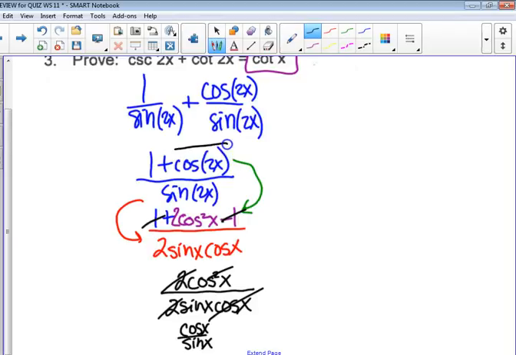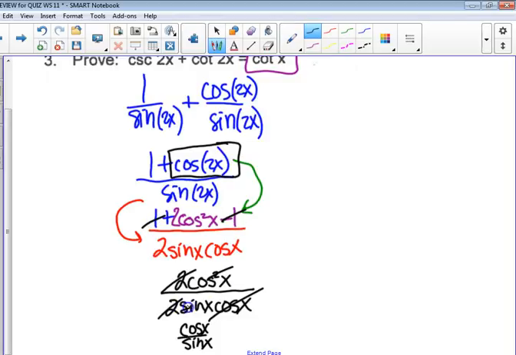Pretty sure it's cosine of 2x had 3 different trades on the blue sheet. Do you have your blue sheet out? It's the double angle ones on the left. And we picked 2 cosine squared of x minus 1 because then the plus 1 we had out front and the minus 1 at the back here canceled.